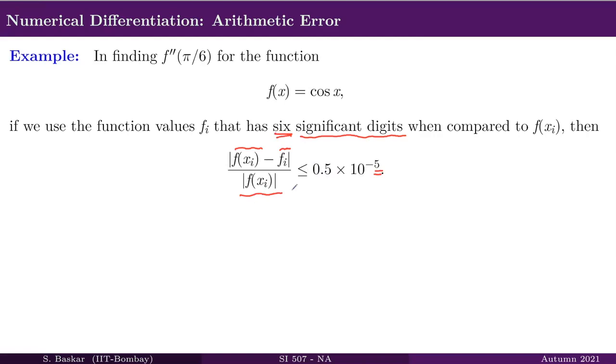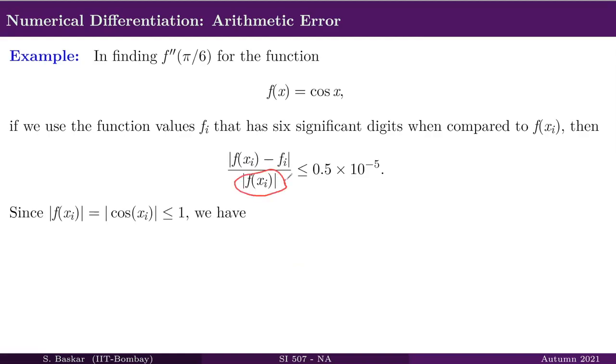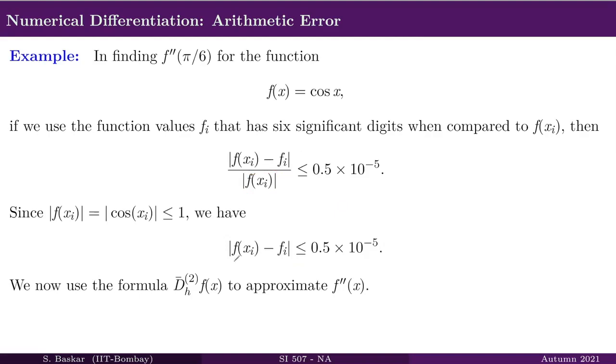From here, we have to get the estimate for epsilons. Note that f of xi, whatever may be xi, we know that it will be less than or equal to 1, right? So we will use this very rough estimate for f of xi, and from there we can see that f of xi minus fi, if you recall, f of xi is equal to fi plus epsilon i.